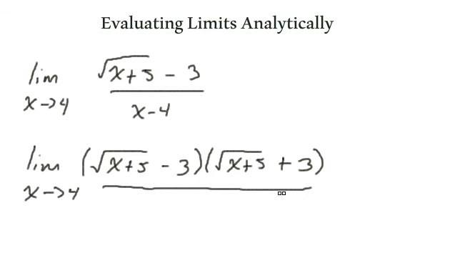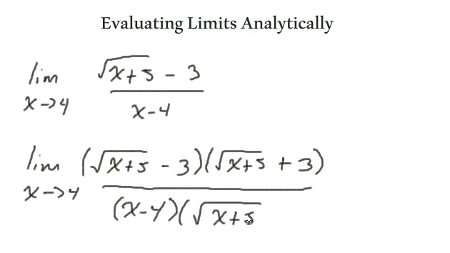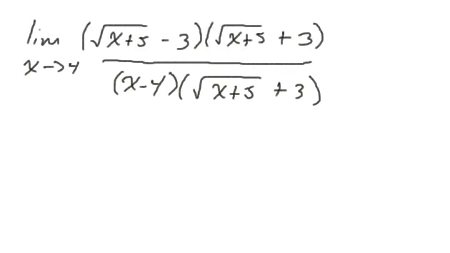And that's going to be all over x minus 4 times the square root of x plus 5 plus 3. As you can see, what we do in the numerator, we have to do in the denominator.